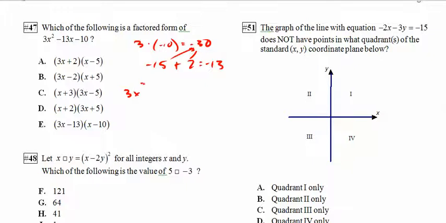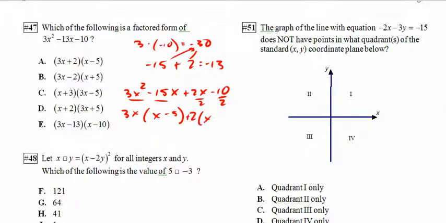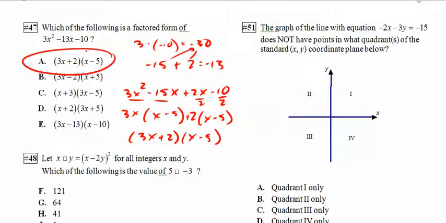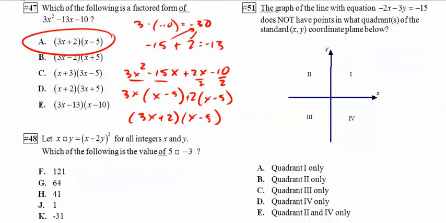So 3x squared minus 15x plus 2x minus 10. 3x times x minus 5, 2 times x minus 5. 3x plus 2, x minus 5. I really don't recommend doing it that way. I would just FOIL out the answers and see what I get.